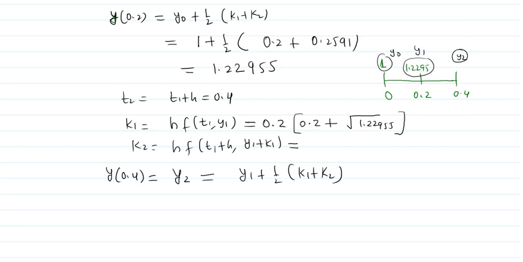And the second one will be k2. You can check with a calculator. Okay, so that will be 0.2 times f at t1 plus h, so 0.4, and y1 plus k1.